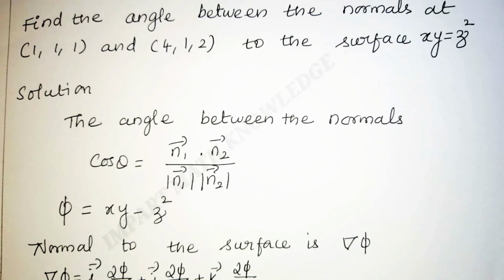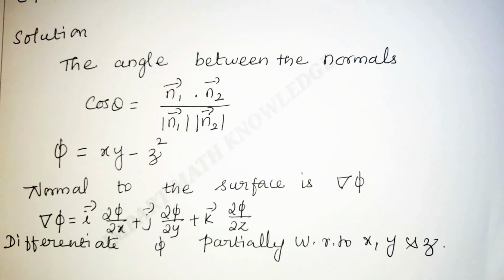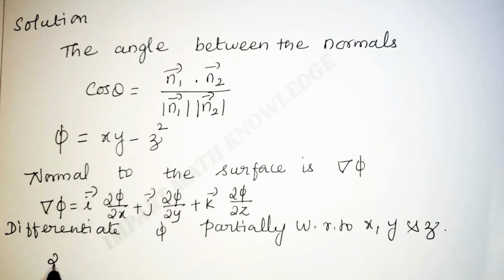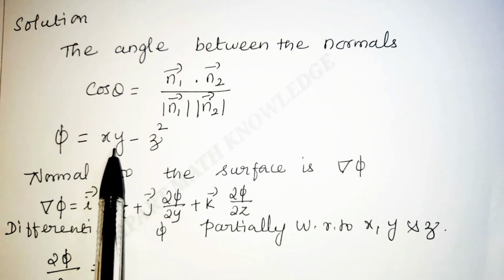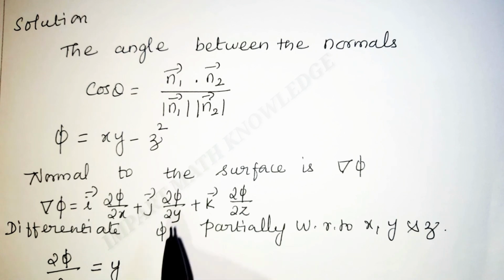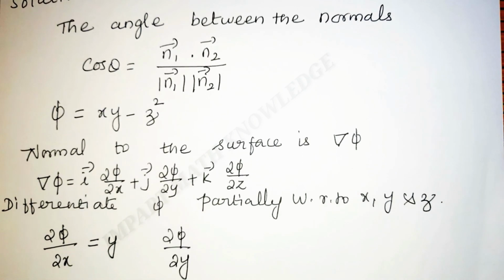So we have to find del pi in the usual manner. For that you have to differentiate pi partially with respect to x, y and z. Dou pi by dou x is equal to, here first term contains x, differentiation of x is 1, so 1 into y is y. Second term 0. Next one dou pi by dou y.